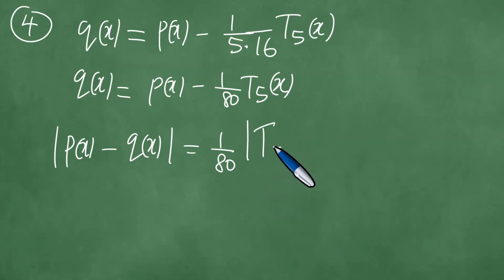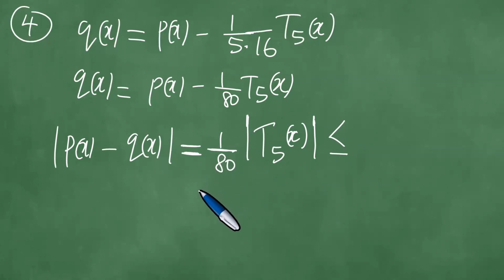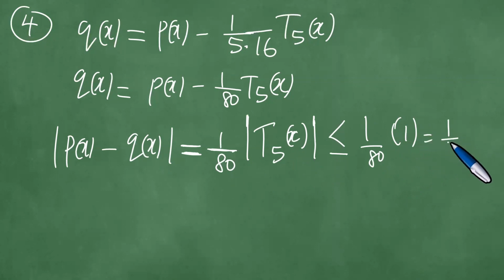into the modulus. So now you have this. We have seen that the maximum of the modulus of T5 is 1, so 1 out of 80.